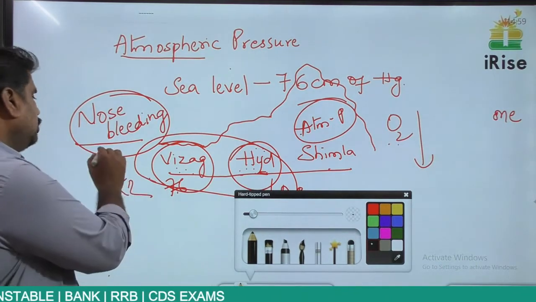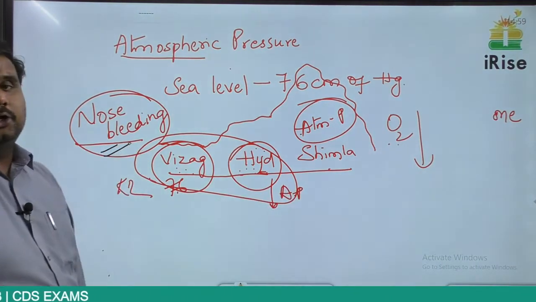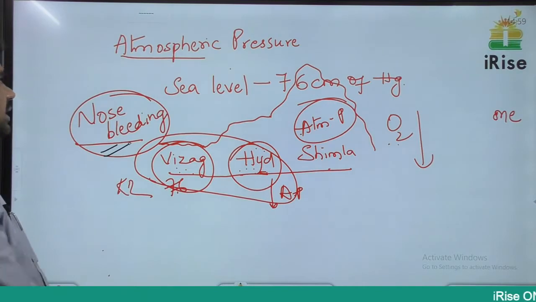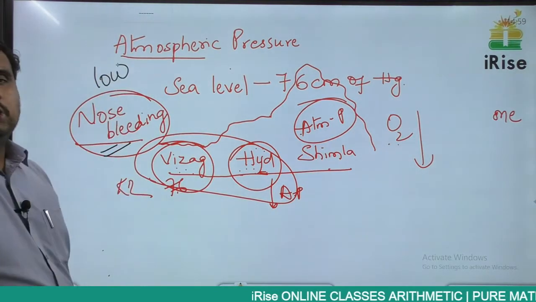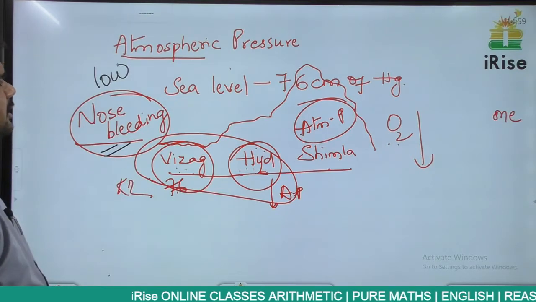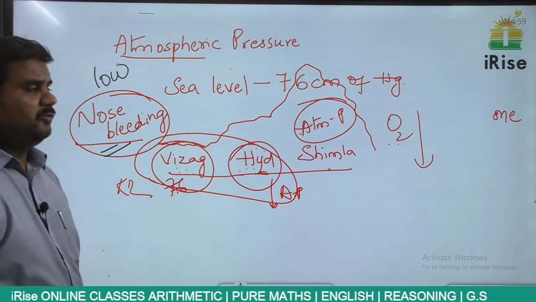So usually nose bleeding takes place at high altitudes because of low atmospheric pressure.